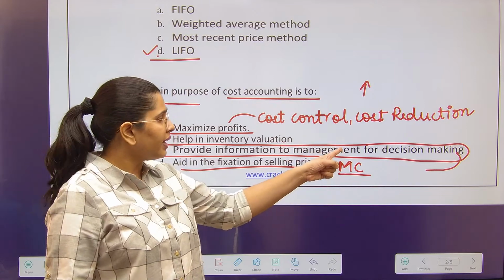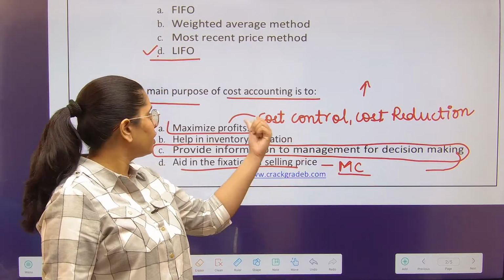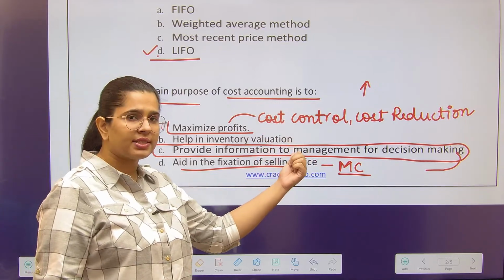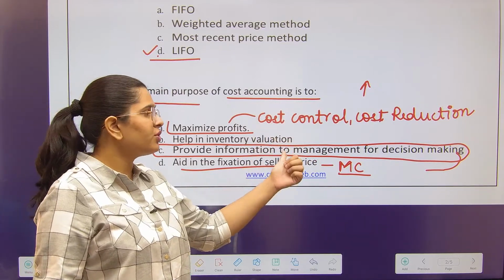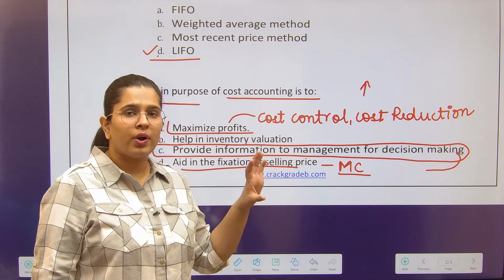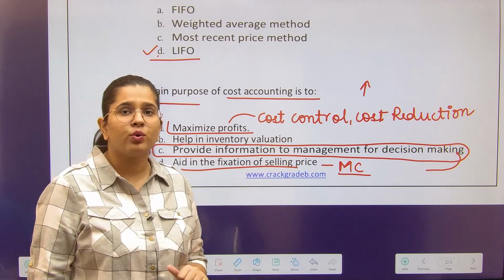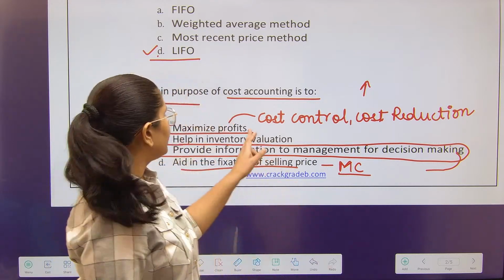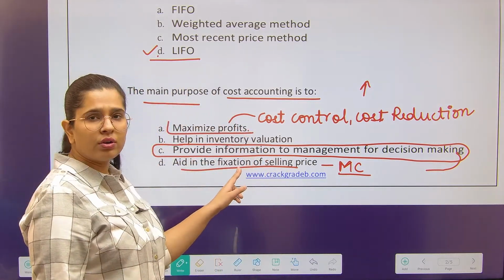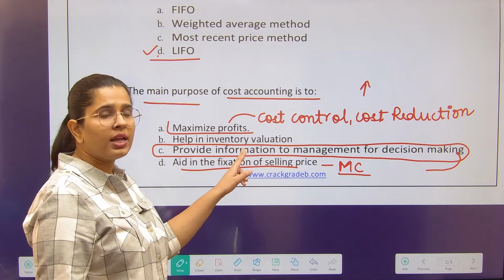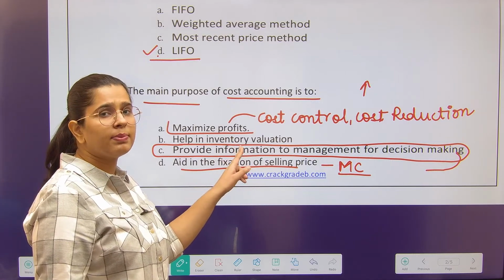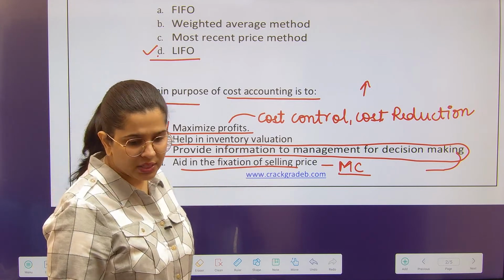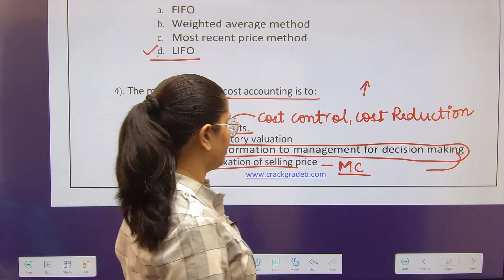So this option will include profit maximization, selling price determination, and inventory valuation as well. So if in the exam you are confused over the options, see that these are narrow but this one is broad. This includes every possible help that cost accounting does for management. That's why my option is C over here.